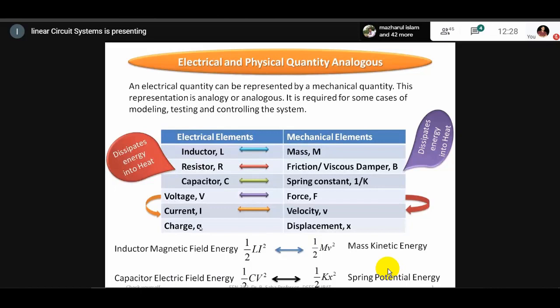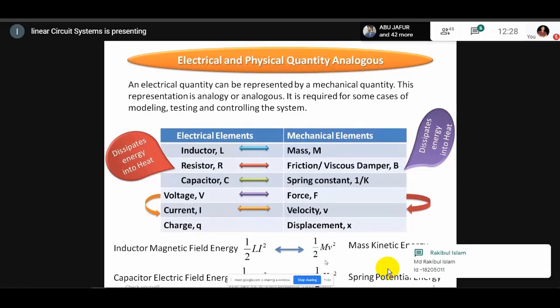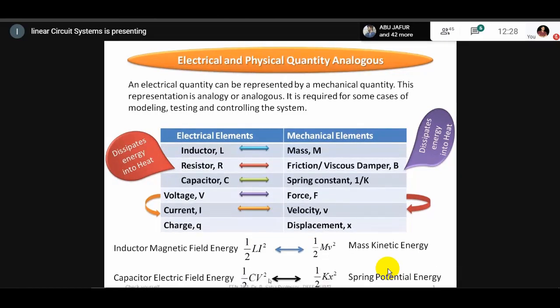That means it itself has potential energy. If you look at the bottom line, there is the spring potential energy. Half kx square. That is the potential.